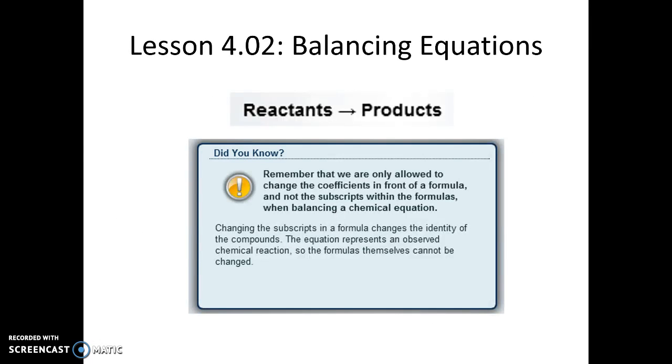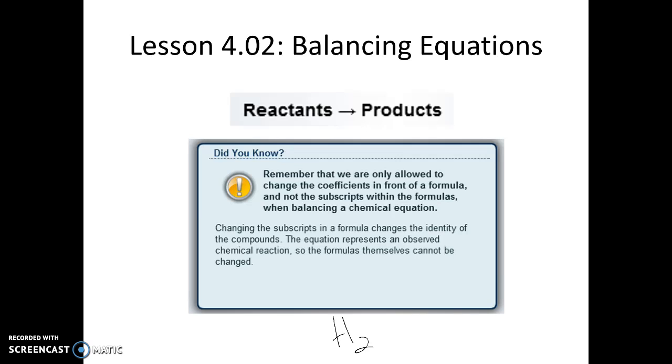So, an important thing that you need to know when balancing equations is that we are only allowed to change the coefficients in front of a formula and not the subscripts within the formulas. Now, the reason that is so important is because if you were to change a subscript, it will no longer be the same compound. So, for instance, let's say we have water.